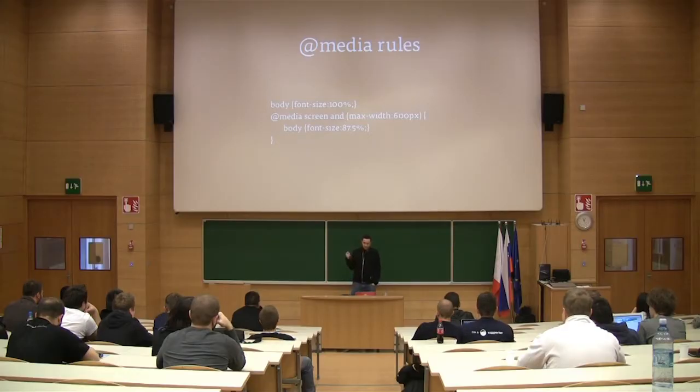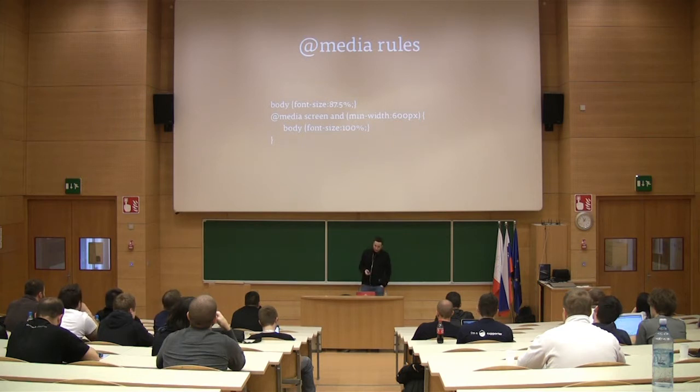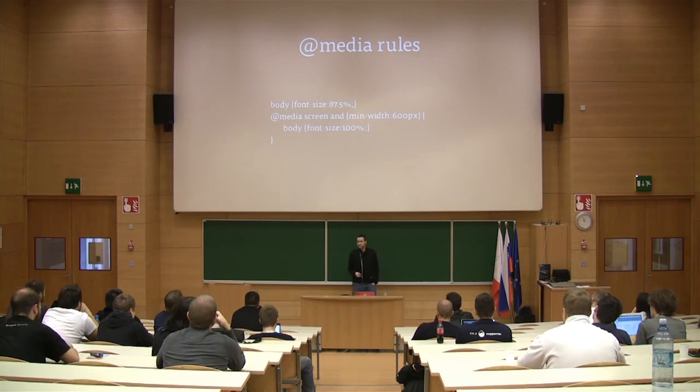So this is saying, I did all the CSS for the desktop size, and for mobile, I'm going to use an @media rule to set different styles, right? You can make it the other way around. You can say, I'm doing the CSS for mobile, and I'm using @media for bigger screen sizes.